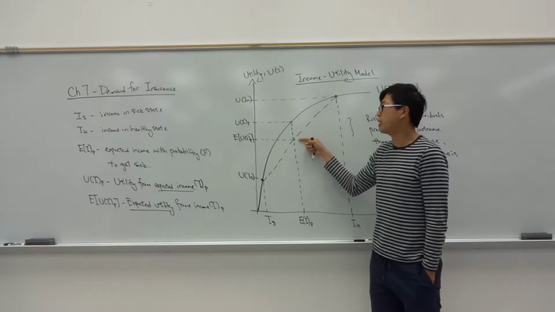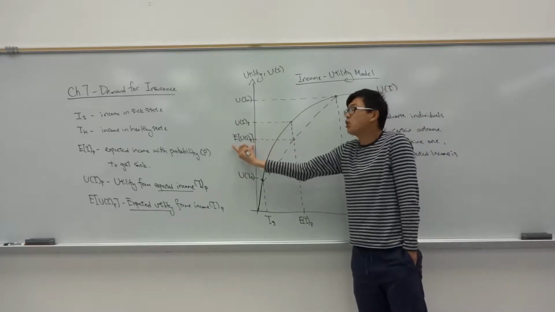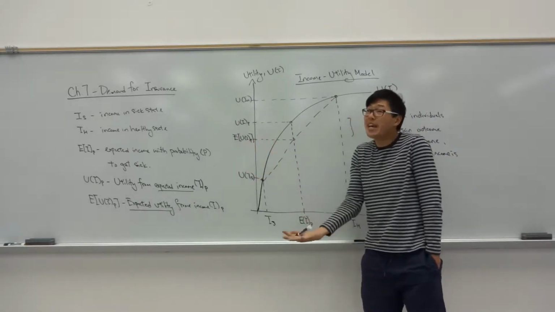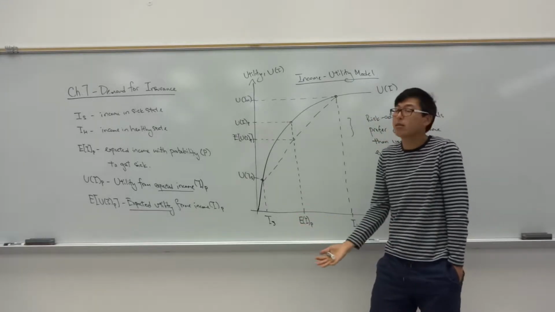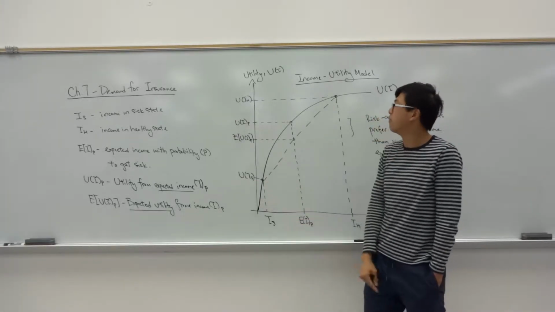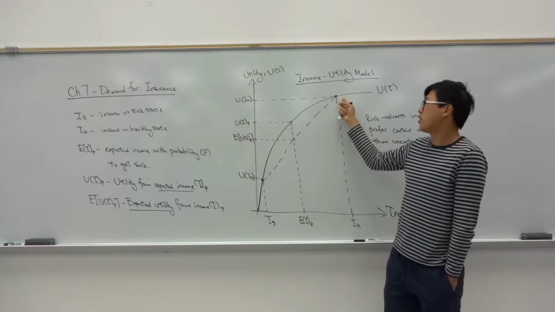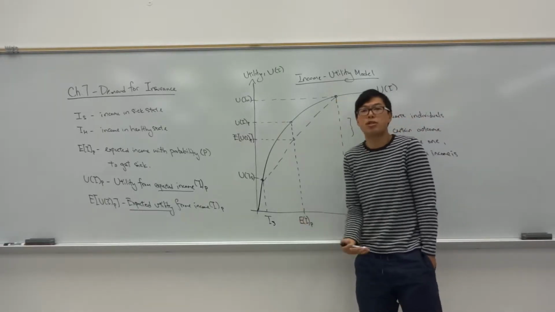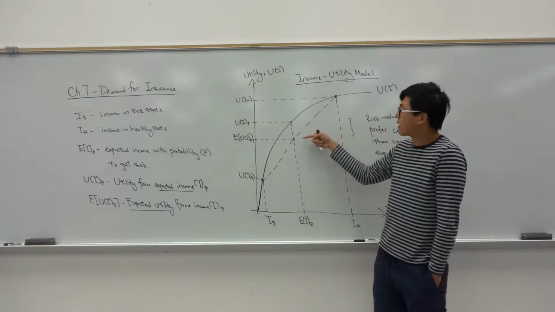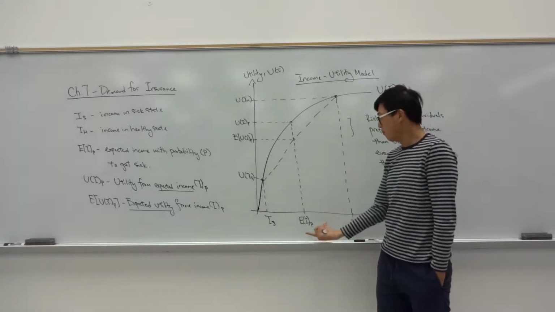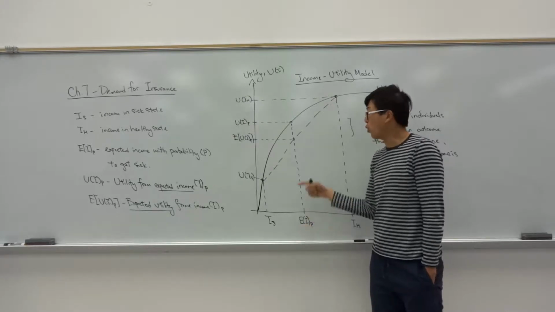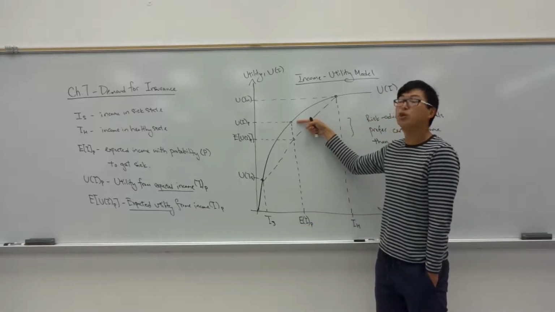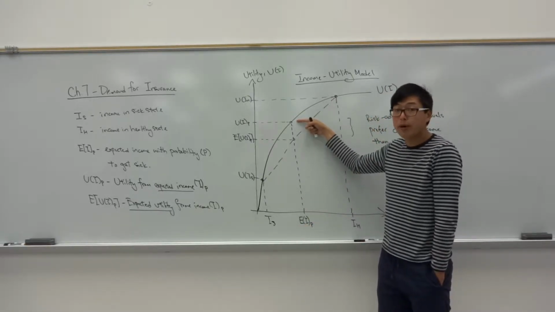Because of the uncertainty, we don't know how much utility we will gain, right? If we fall sick completely, we will earn this level of income. If we are 100% healthy the whole time, we earn this level of income. But because of this uncertainty, the expected utility for earning some level of income will be much lower compared to when you know exactly how much you will earn in your life.